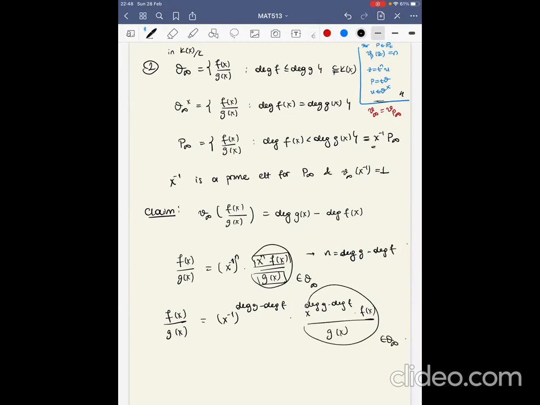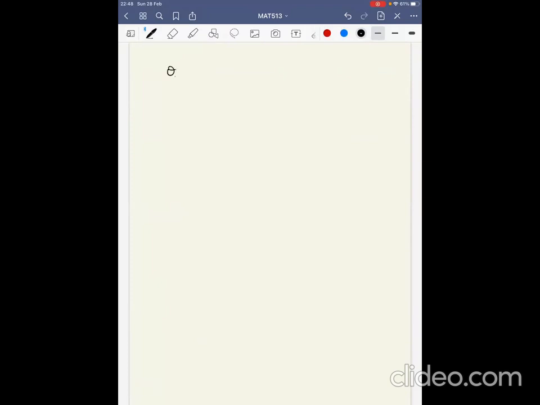Now our second claim is that the corresponding residue class field is isomorphic to K. As we have seen in the previous example, in order to see this isomorphism, in the discussion session we will talk about how we can define a K-linear map from the polynomial ring in the variable X inverse to the residue class field F infinity.